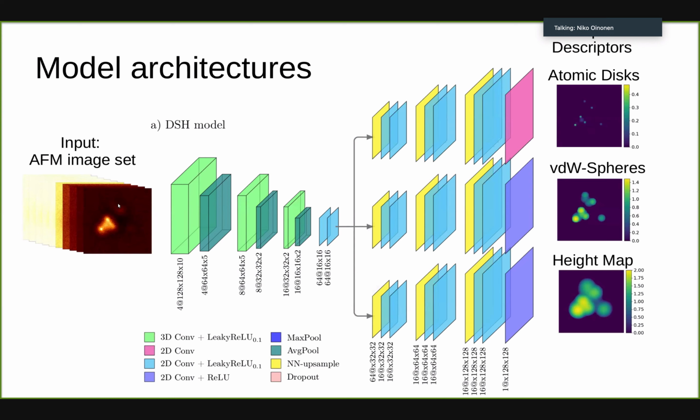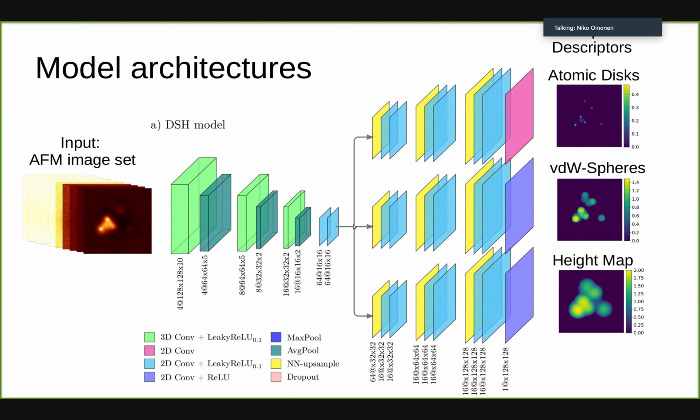The input to the model is a set of AFM images taken of the sample at different tip sample distances. The way that the data is transformed in the network is that we have these convolutional layers and average pooling layers, so that in some sense the information in the AFM image is gradually encoded into a smaller and smaller image.